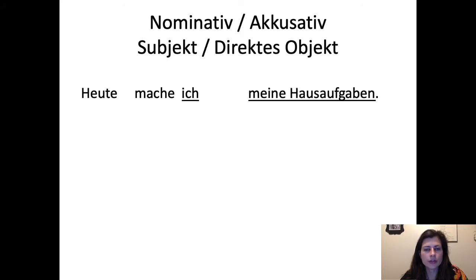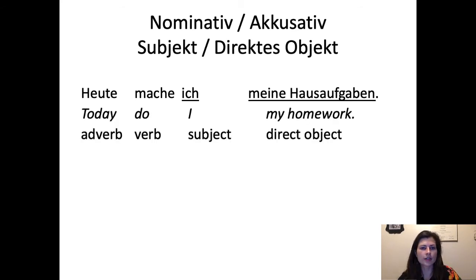And then we can look at a different word order. So the verb is always going to be in the second position. But in this case, we're going to start the sentence with the adverb heute. Heute mache ich meine Hausaufgaben. We start with an adverb first to emphasize it, and then we've got to do our verb because it's the second position.